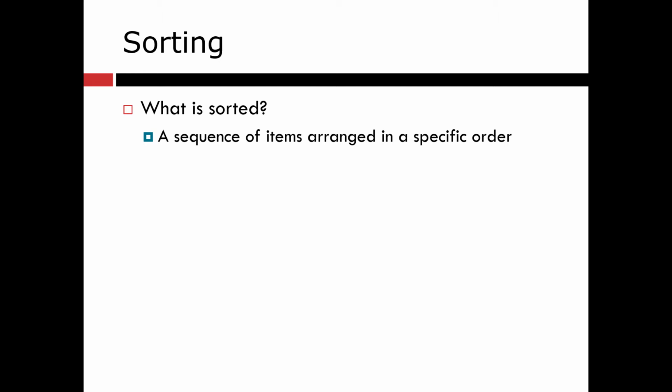Our priority queues and our heaps, they're going to have things in order, and our binary search trees are going to have things in order. But our basic vector, our basic list, none of those things have a specific order, but they might have order. A queue and a stack certainly have order, but they're not necessarily an ascending or descending order. They're just the order that they were placed in.